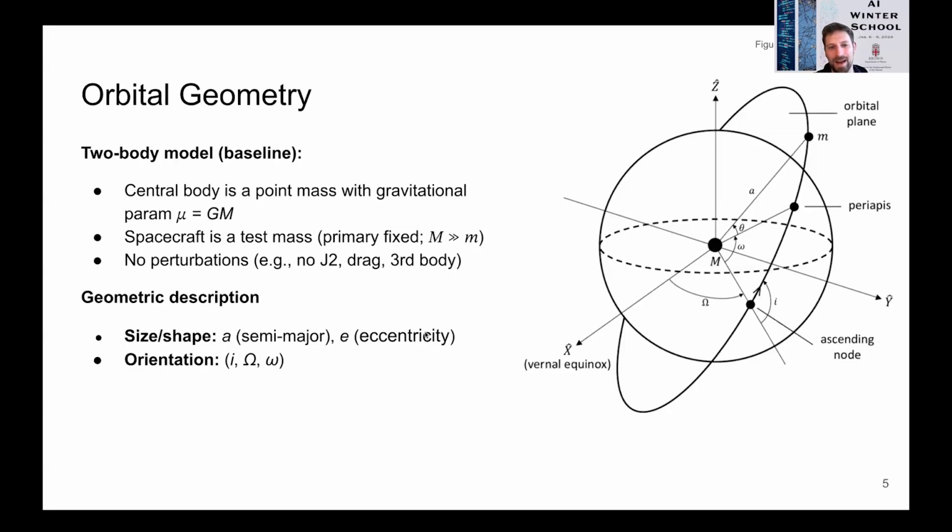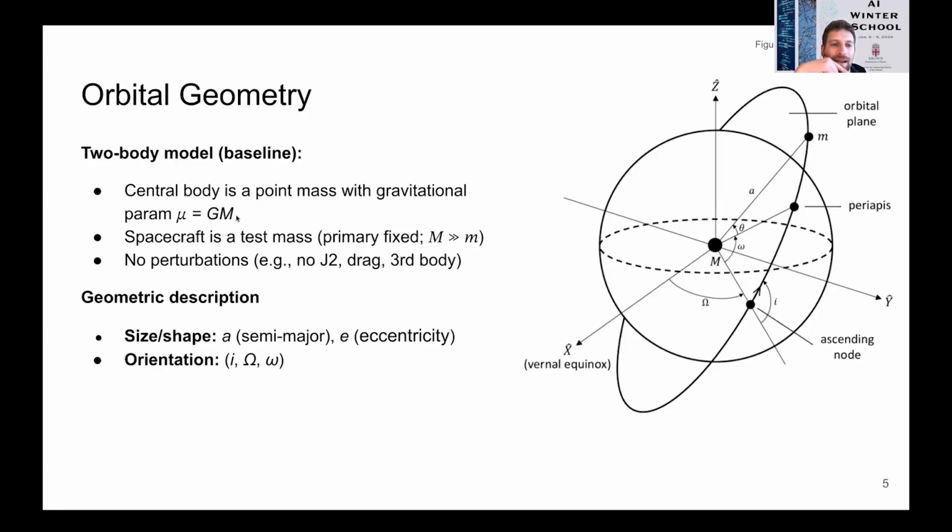We're actually going to simplify the problem a lot by just having two bodies, where the central body is a point mass. That's the dominant mass. So we can assume small m, the satellite, is de minimis compared to the mass at the center, and that'll give us the mu equals GM gravitational parameter.